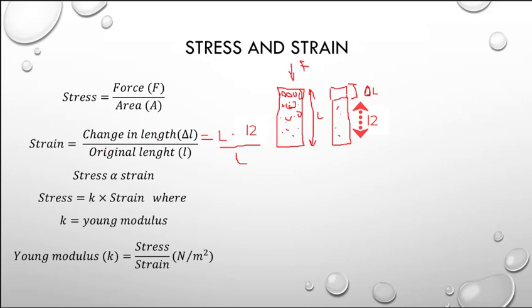And this strain also is applicable to any material. When I say applicable to any material, it is in terms of area or in terms of volume. If you are given a material and you are asked to determine the strain in the material and you are given the area or volume of that material, it is very easy. What you just do is change in area. The strain is going to be the change in area of that material divided by the actual area.